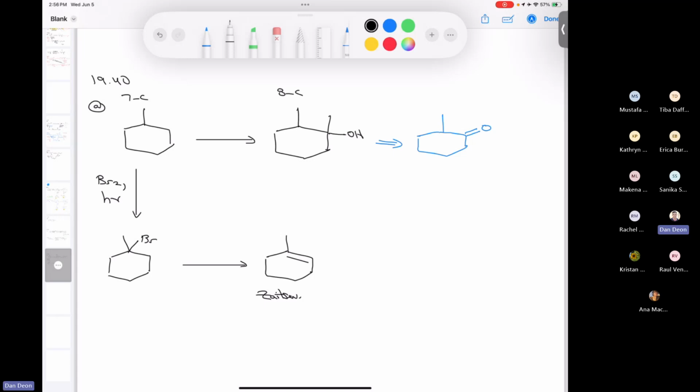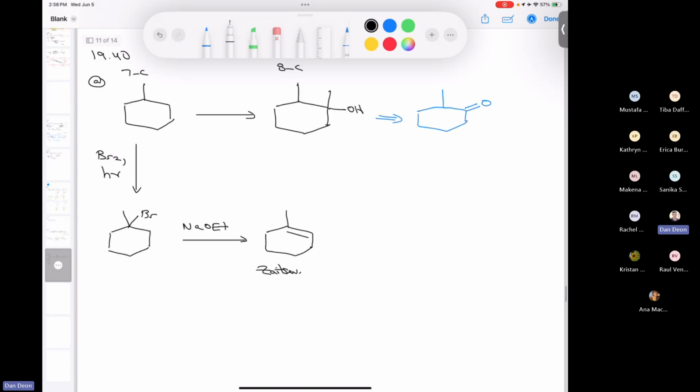Would I use a hindered base or an unhindered base? For this one, I would want to use an unhindered base. Exactly. I would want to use sodium methoxide. If I used a hindered base, like potassium t-butoxide, that would give me the Hoffman product, which would be the less substituted alkene.